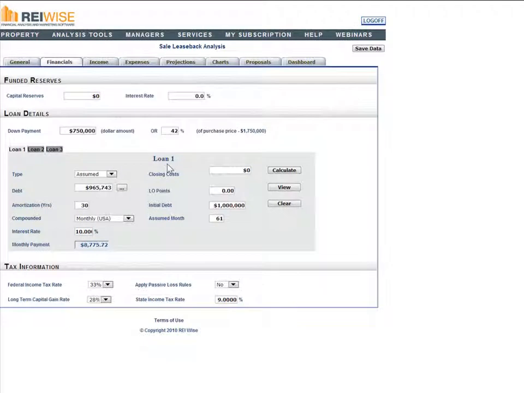The Financials tab will allow you to input a loan assumption. On a sale-leaseback, the loan must be an assumption, and you must put in the initial debt from when they originally purchased the property.